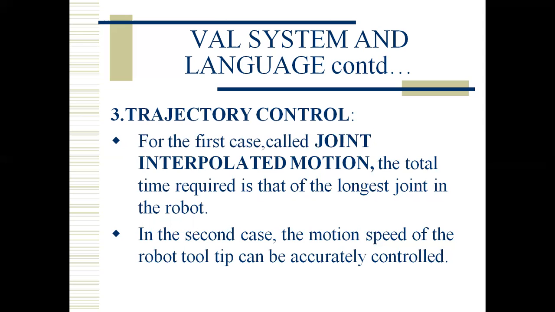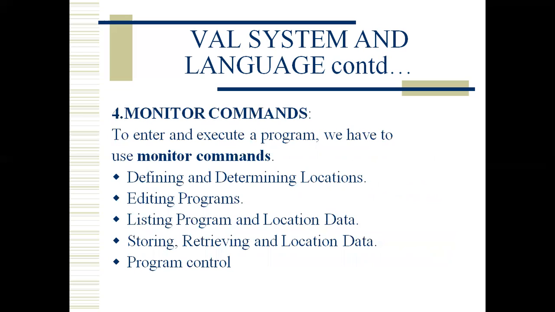Accurately in the sense there will not be any tolerance variations, even from the starting point to the ending point. There will not be any deviations from the trajectory while performing its actions. So how can this be considered? To commence these kinds of actions, the monitoring commands which are given as an instruction set play a major important role.